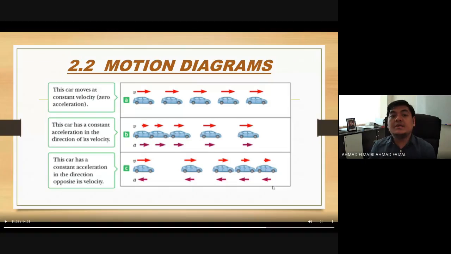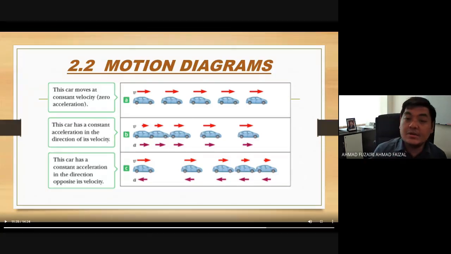Okay, so this is the motion diagram. This car moves at a constant velocity, so this is zero acceleration. Why can you say zero acceleration, even though you can see the car is still moving? If you really observe the car, the gap between the cars is actually the same. Meaning that these 5 cars are maintaining one speed.